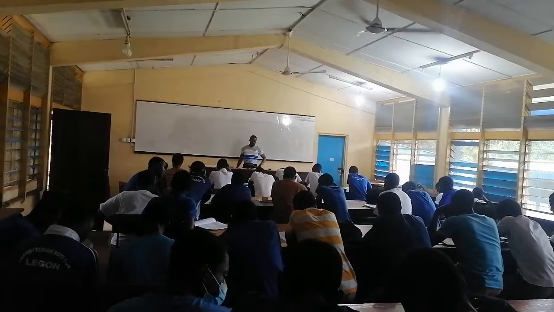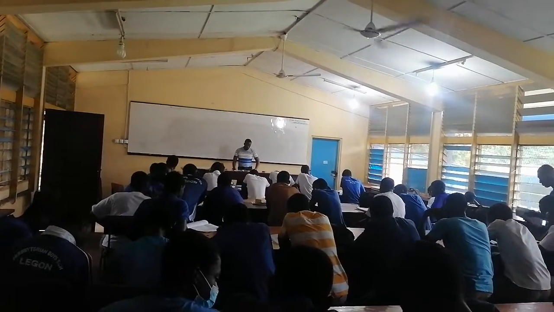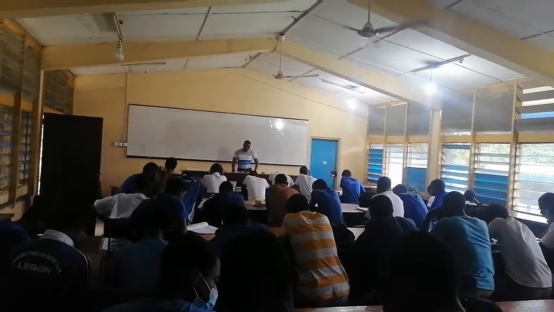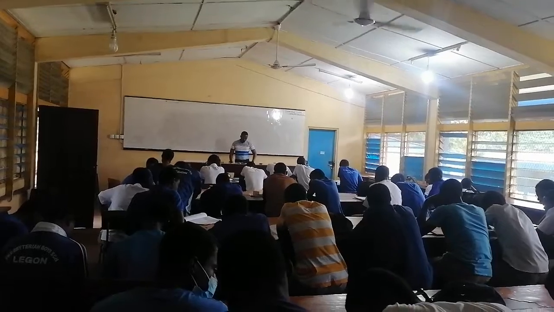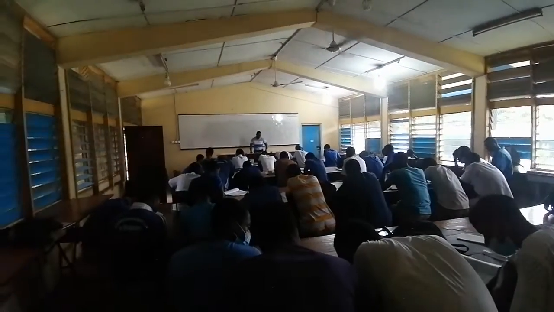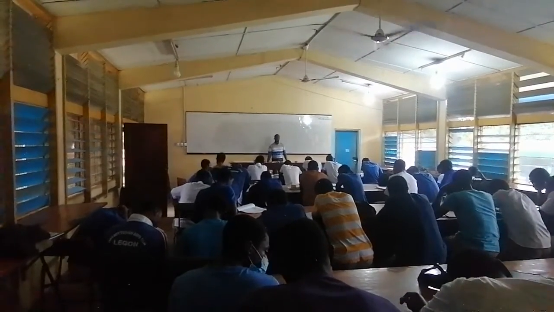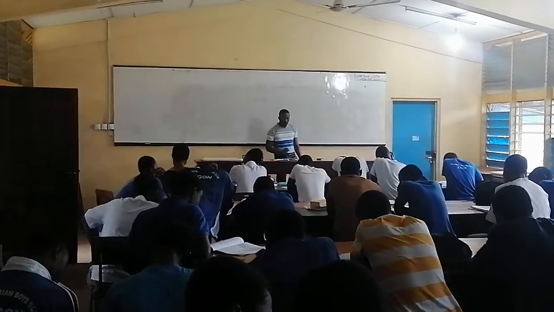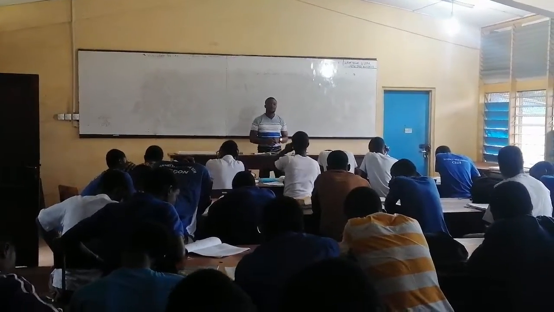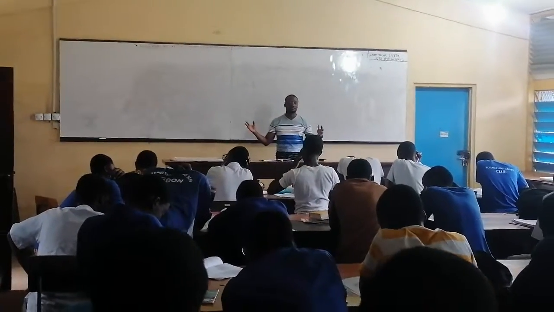Read the audio, Frances. Okay, so the underlined phrase is what has been the first to implement. Now, what do you think is the right answer? Anyone to help us?